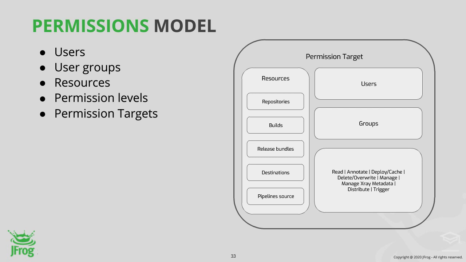You can have different resources combined, and resources are different repositories or builds or other resource types that are part of different aspects of the JFrog platform. And you can have different resources combined with different users and different groups under the same permission target in order to achieve a specific access level or a specific permission level based on the different permission levels that you configured.